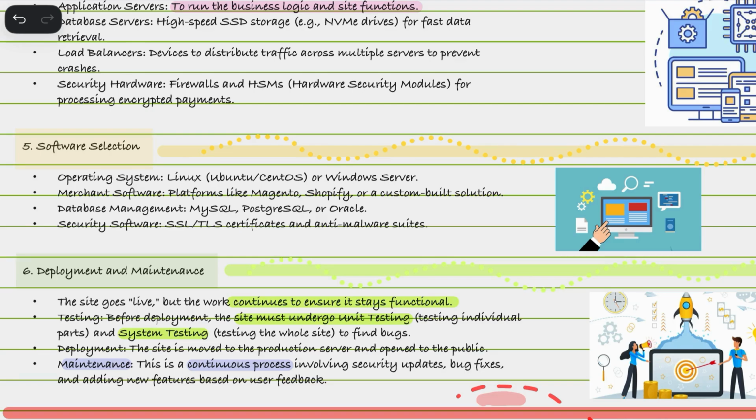So once the testing is passed, you deploy the site to the live servers. So after the launch, the maintenance part begins, right? So maintenance requires continuous security patches, bug fixes, and performance updates.